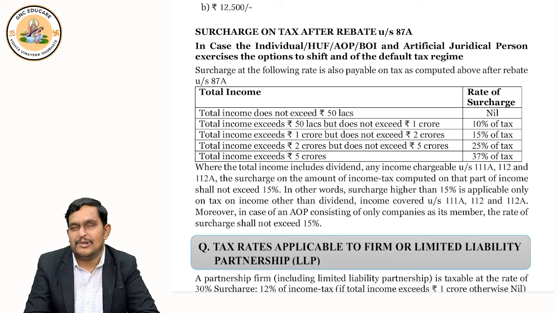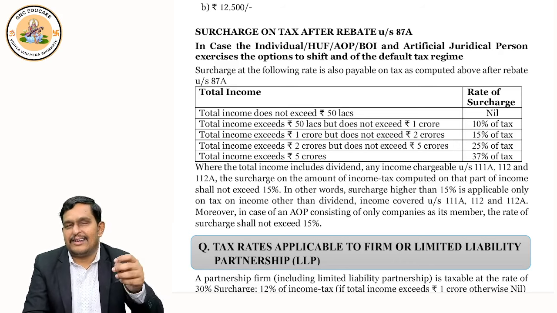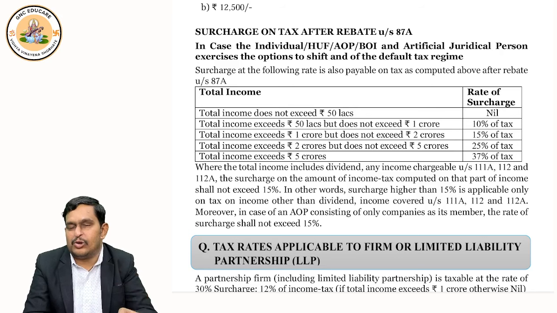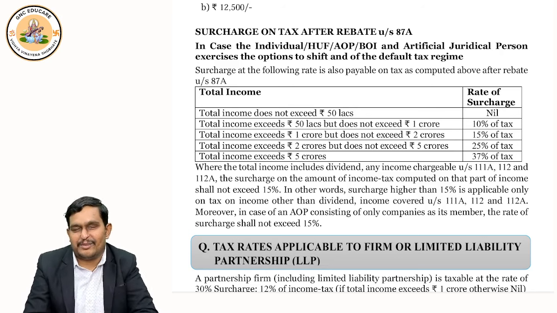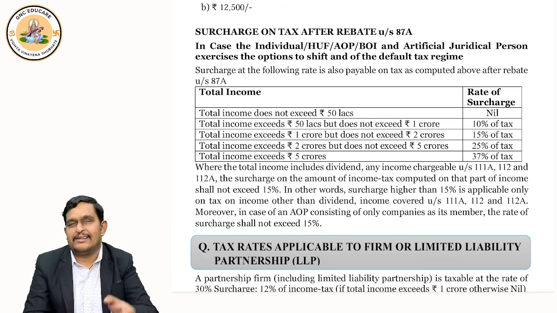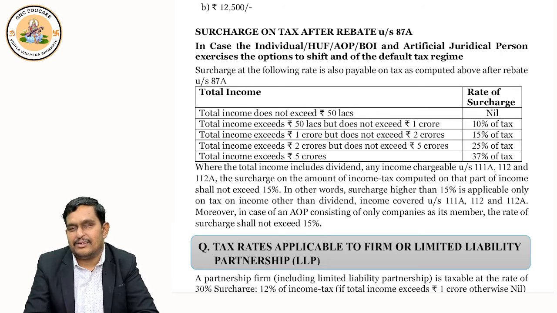And I'll tell you, when government calculates the tax, which I just told you, out of that tax, 2/3 will go to state governments. 1/3 central government will keep. But when it comes to surcharge, whatever surcharge is calculated, the entire amount is kept by central government.